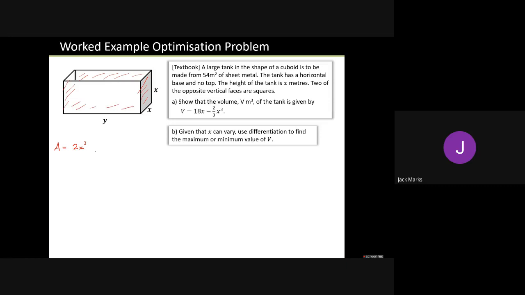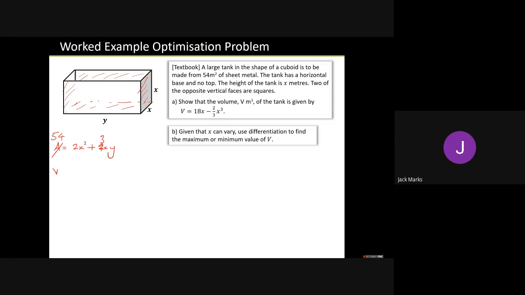So this is xy, 2xy. Now it also has a base, and the base is also xy. So actually it's going to be 3xy. That's the area. Notice they gave you the actual value for the area. They said 54. So this is an equation I've made.